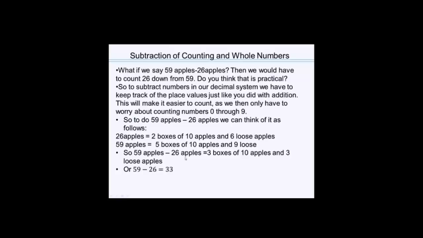So 59 apples minus 26 apples is going to be 3 boxes of 10 apples and 3 loose apples, because 9 loose apples minus 6 loose apples will give you 3 loose apples. 2 boxes of 10 taken out of 5 boxes of 10 will leave you with 3 boxes of 10. Or you can think of 59 minus 26 is 33.